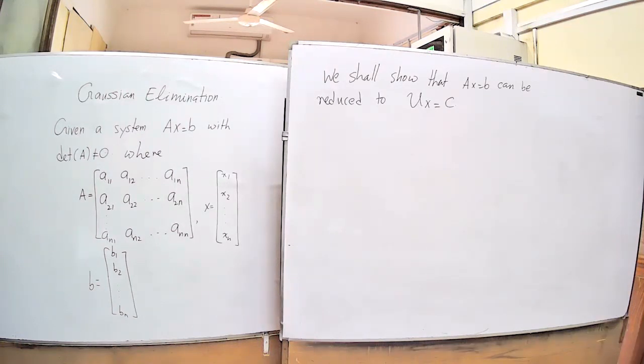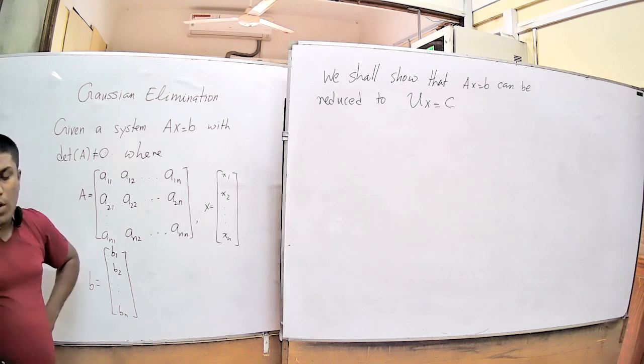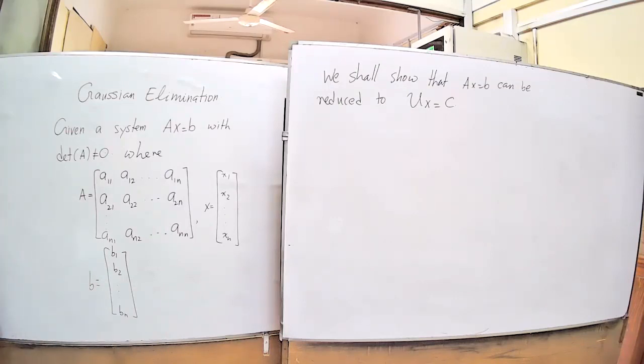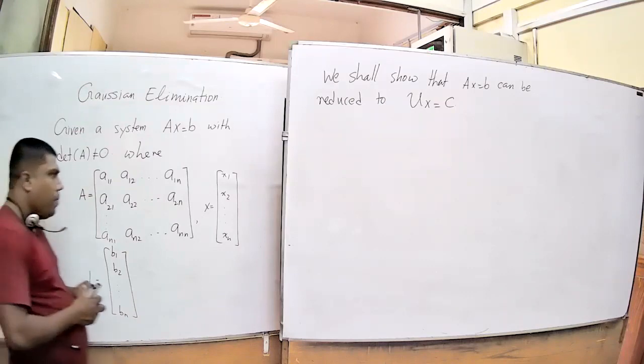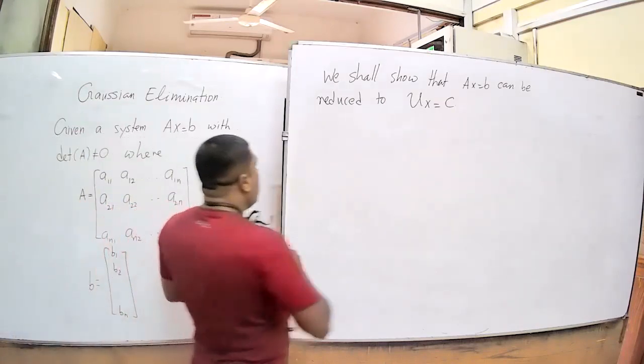So we do the first step, and then we assume that it is true up to some k step, and then we prove it for the k plus first step. So step 1.